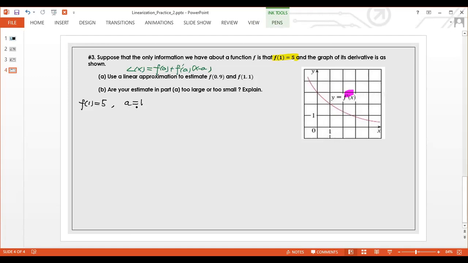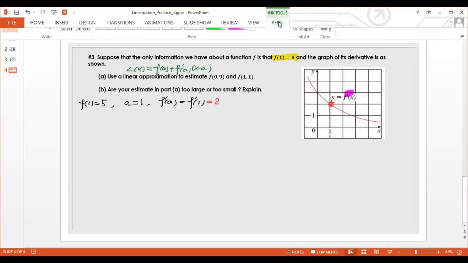Now I need to find f prime of a. So how do I find f prime of a? That means I want to find f prime of 1. All right, so that's not bad. They give us this, f prime of 1. So what is here? This is a 2, right? So I know this one is a 2 here.